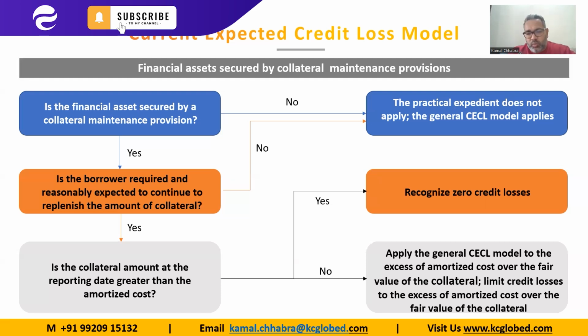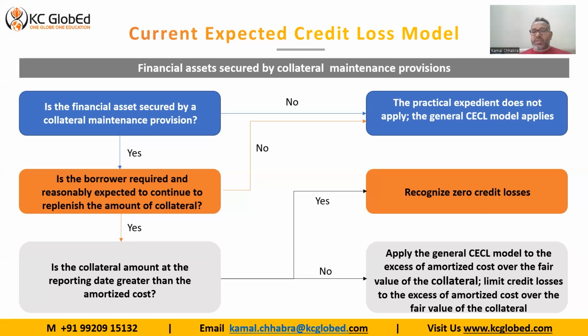If the answer is no, then apply the current expected credit loss model to the excess of amortized cost over the fair value of the collateral, and limit the credit loss to the excess of amortized cost over the fair value. So if you have assets more than the value of the loan given, then no credit loss is required. If the asset value is less than the loan given, then you need to apply the normal method which we have studied about. Make sense?